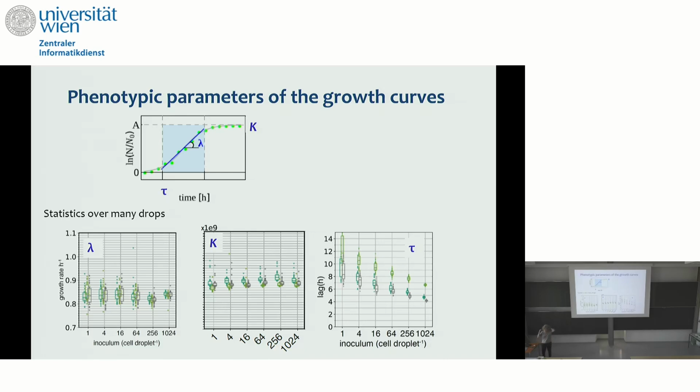You can have an ensemble, which gives you several hundred repetitions for each inoculum size. So we can test the parameters as a function of the inoculum size. The growth rate is quite stable. The variance decreases a little bit, but that's not a huge effect. The capacity also is very stable. And what is dramatically dependent on the inoculum size is the lag time.